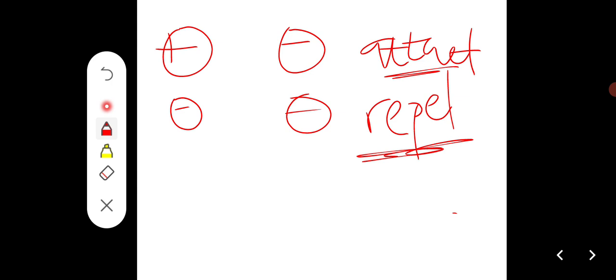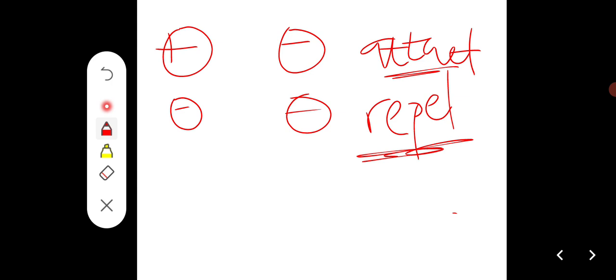An electric charge which is positive is known as a proton, and an electric charge which is negative is known as an electron. Electrons are the ones which are transferable.